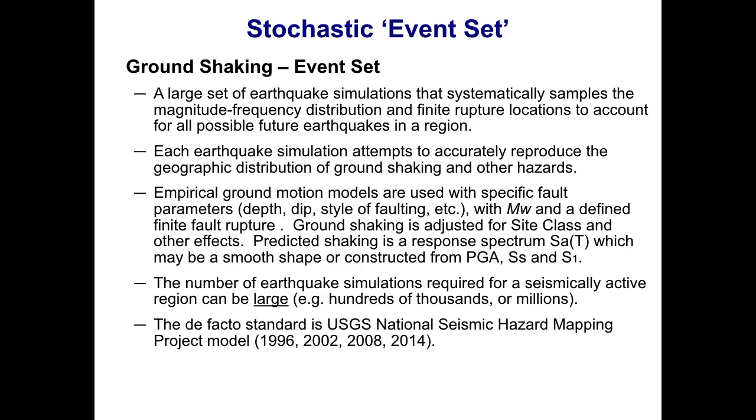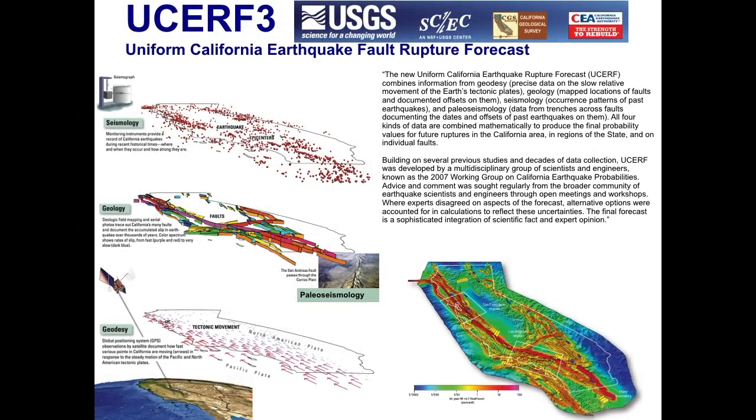The most recent incarnation of the USGS model uses the Uniform California Earthquake Rupture Forecast version 3, or UCERF3, in California, and that stitches together information from seismology, geology, geodesy, that is to say GPS, and paleoseismology into a model of the earthquake ruptures that may occur in the future.